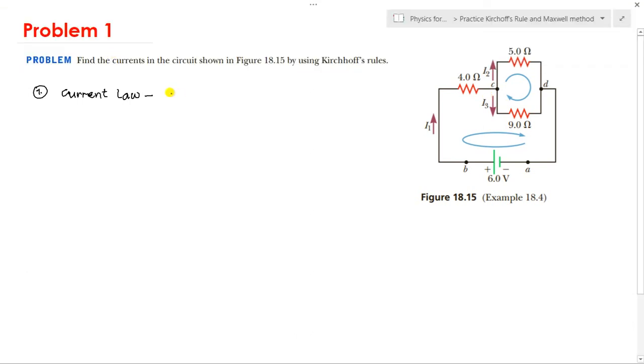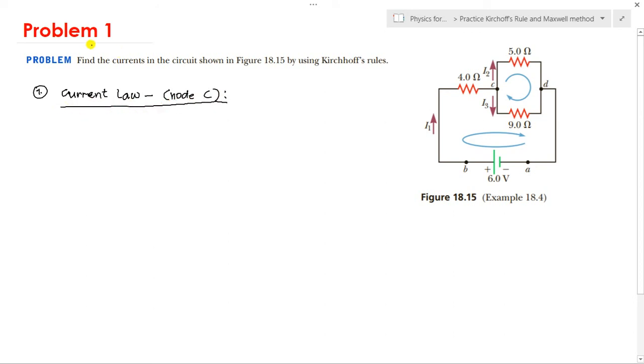Okay, in node C, we can generate an equation that will relate these three currents.